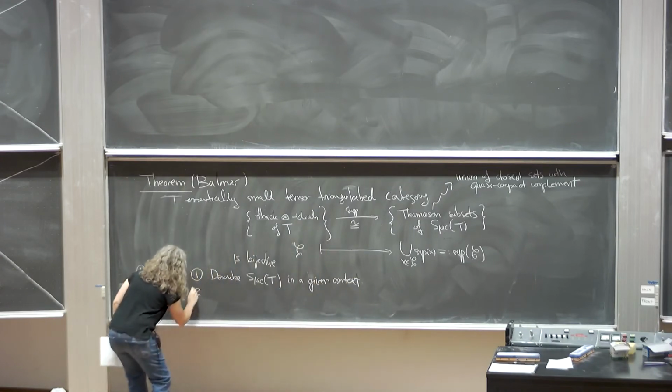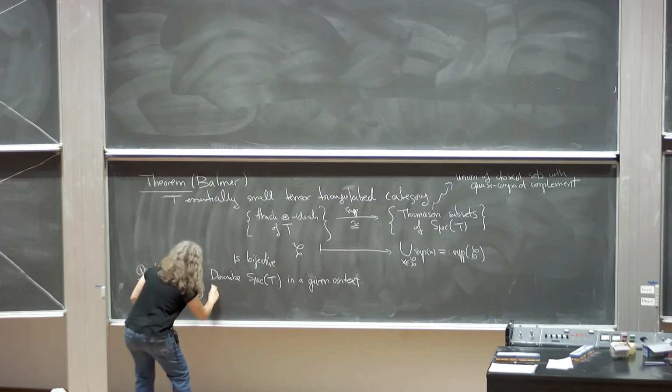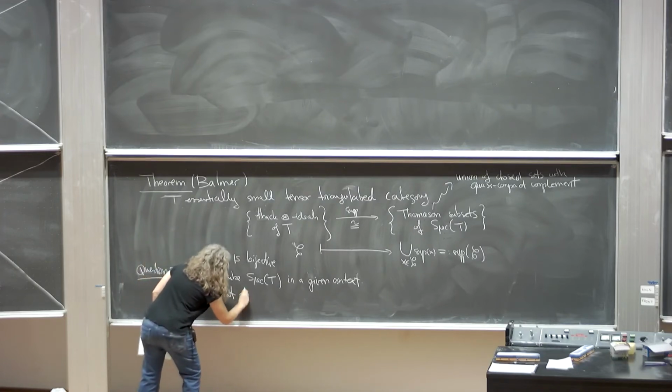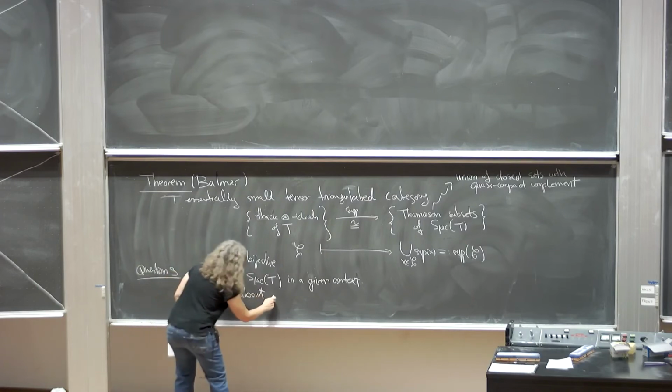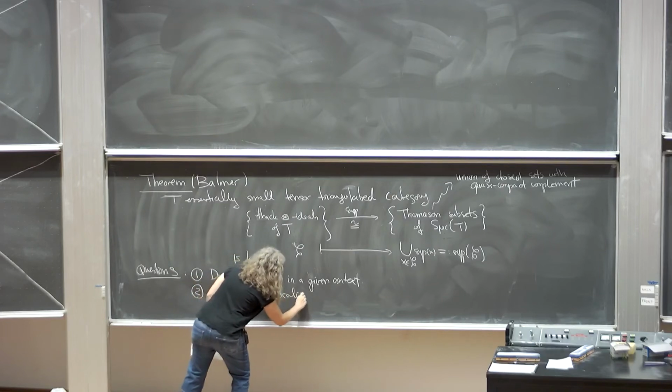And the second one is: what about localizing tensor ideals when T is not essentially small?